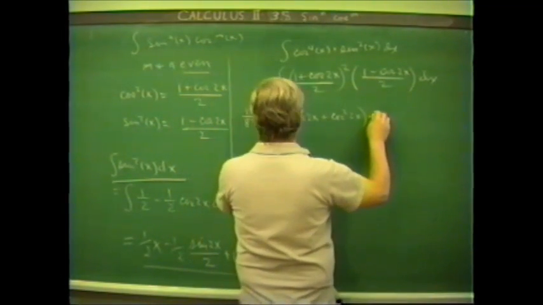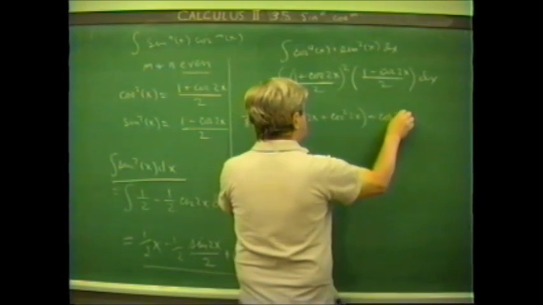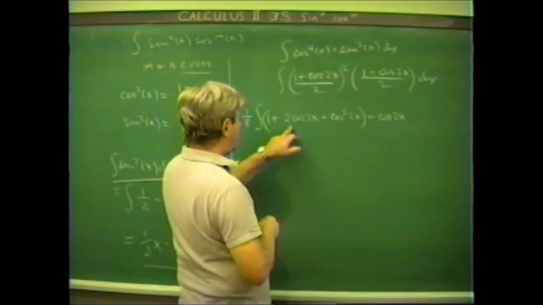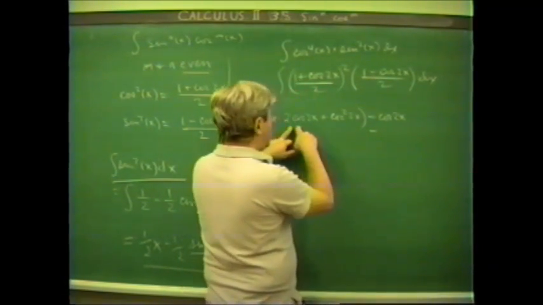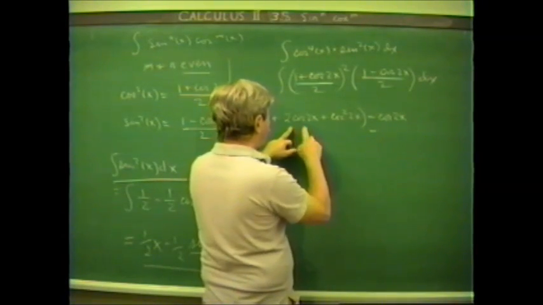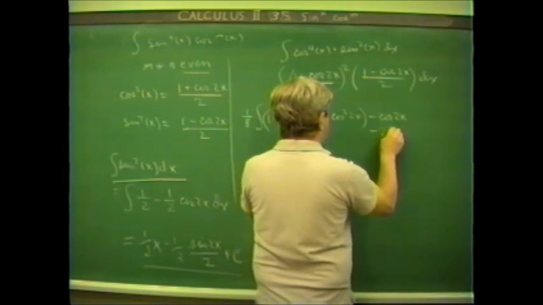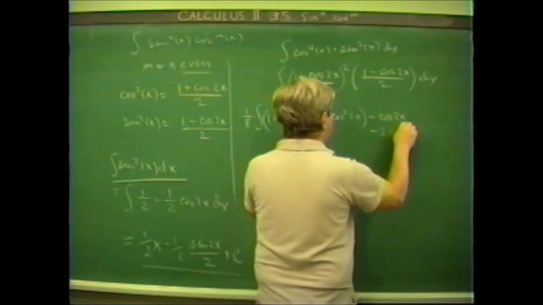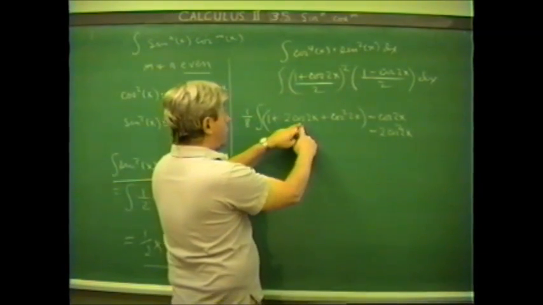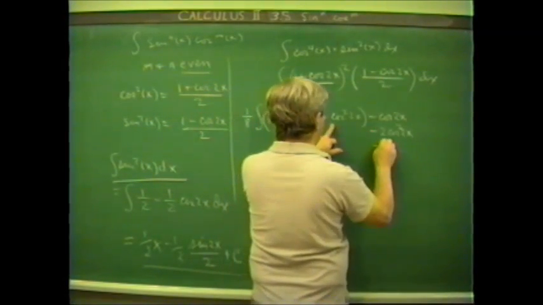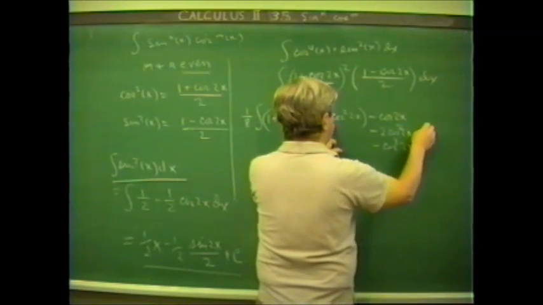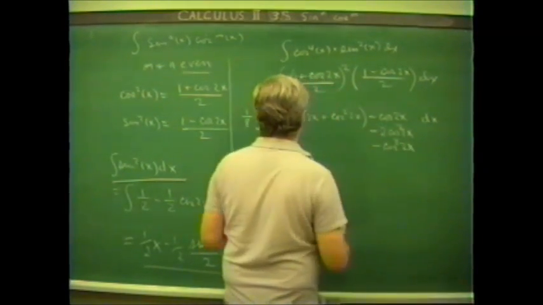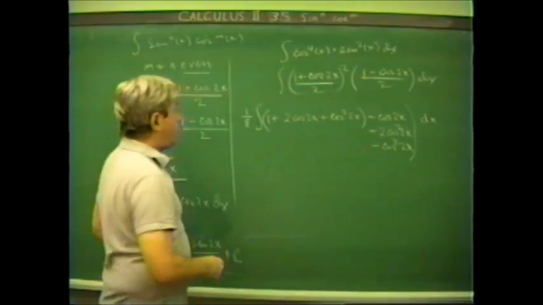So we've got minus cosine 2x, minus 2 cosine 2x squared, and minus cosine 2x cubed, dx. So all of this belongs inside the dx here.